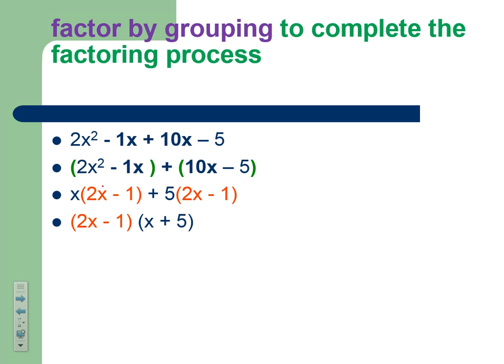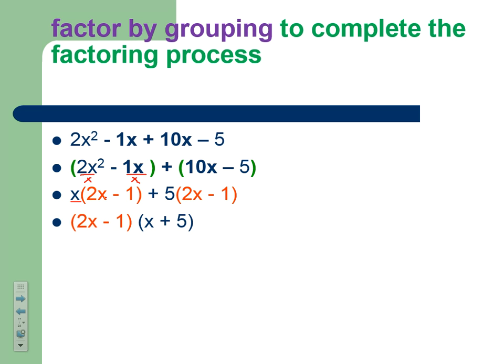Now, the next thing I'm going to do is take this first group and get a GCF, and that GCF is x. Once I take an x out of here and here, remember I do that by dividing by x.